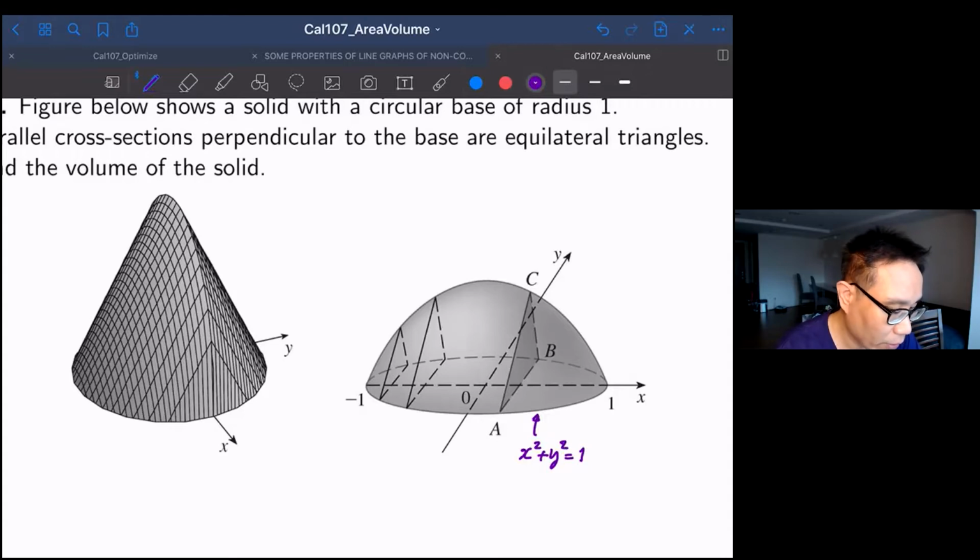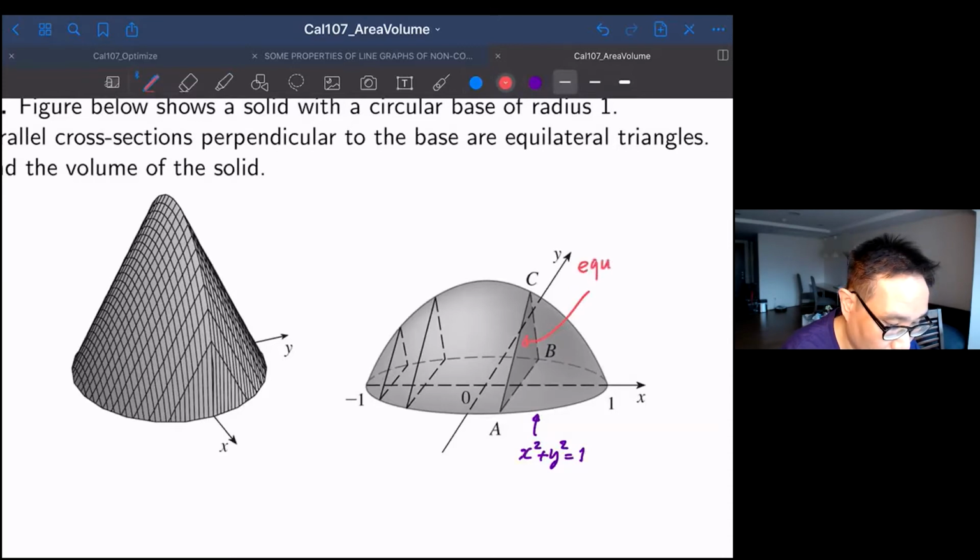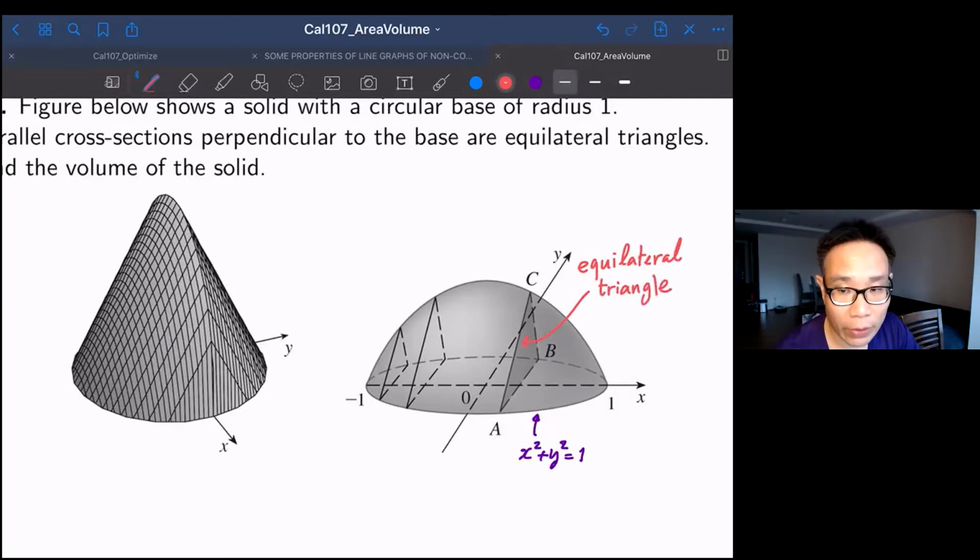And you have the cross section. Your cross section is an equilateral triangle, as the question gives you. You have to find the area, but first of all, let's see where you have a and b.